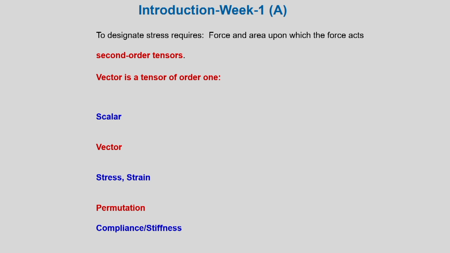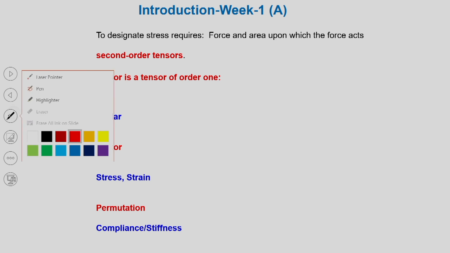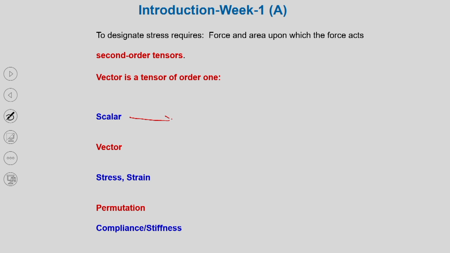So, mathematically, 3 raised to power 0 means a scalar will have only one quantity. For the case of a vector, 3 raised to power 1, it will have 3 components.